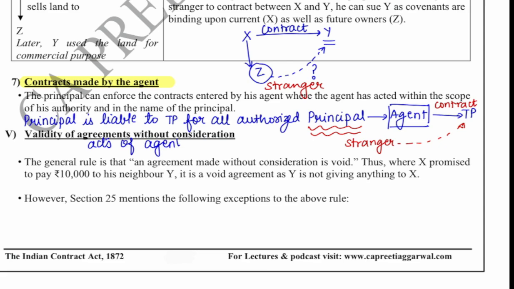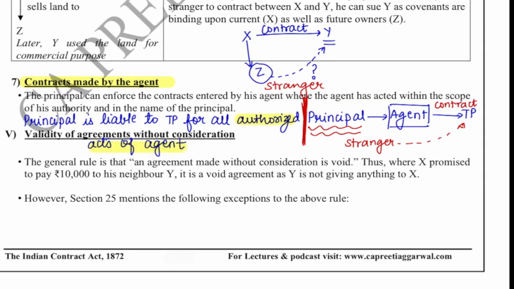So principal is liable to the third party for all the authorized acts of the agent. This is separate over here. Don't confuse yourself in the exam. The principal is liable to the third party for all the authorized acts of the agent.